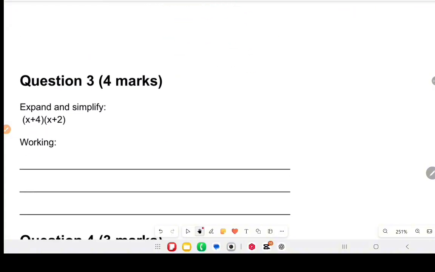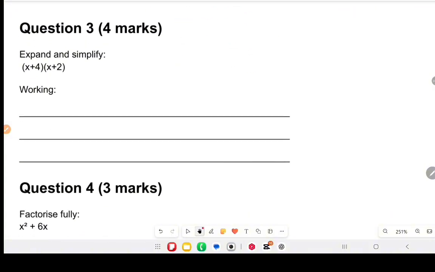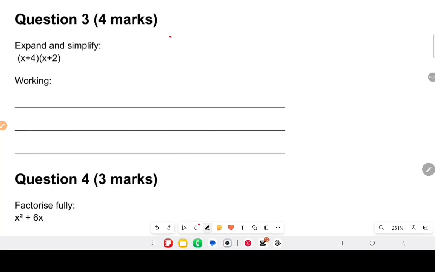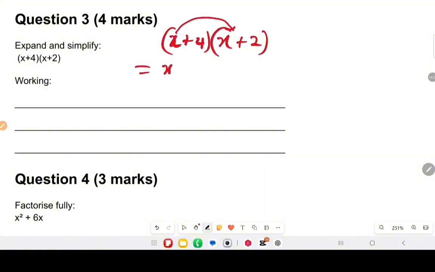Question number 3 is talking about expansion. Expansion means remove the bracket. We have x plus 4 into x plus 2. To remove the bracket, we use x to times every item in this bracket. x times x gives us x squared, and x times 2 gives us plus 2x. 4 times each of these items in the second bracket. 4 times x gives us plus 4x, and 4 times 2 gives us plus 8.